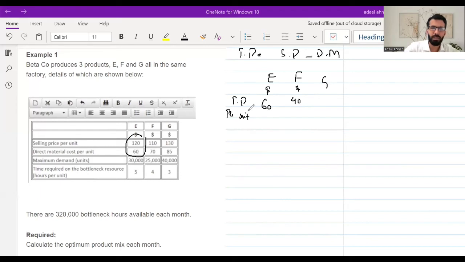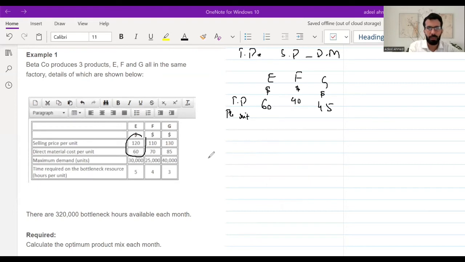And then similarly for product G, 45 per unit. Let me just confirm. Yeah, 45 it is.